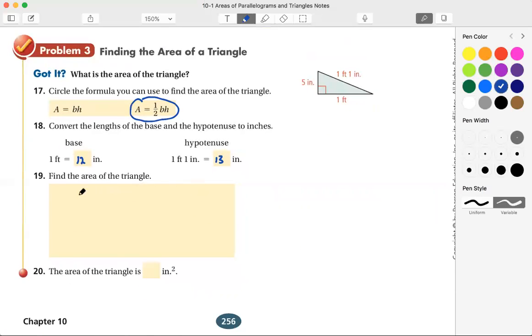So find the area. Area equals 1/2 base times the height, which is 1/2 times 12 times 5. So that equals 1/2 times 60, which equals 30. So the area of the triangle is 30 inches squared.